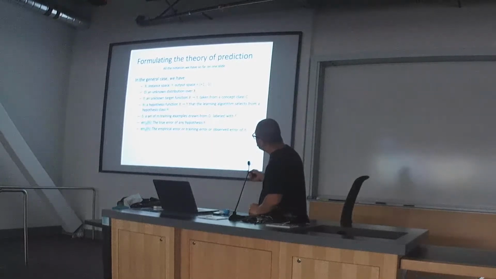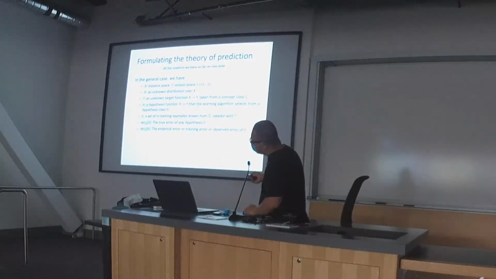Okay. So now let me review those notations. We use X to indicate the instance space, Y indicates the output space. We denote the unknown data distribution over the instance space by D. We denote by f the unknown target function, and f is an instance from the concept class C. Concept class is actually the type of the target function.